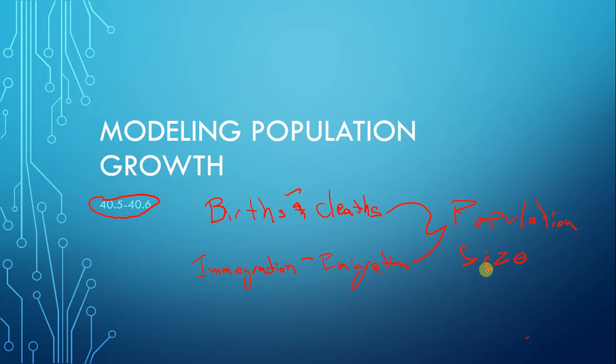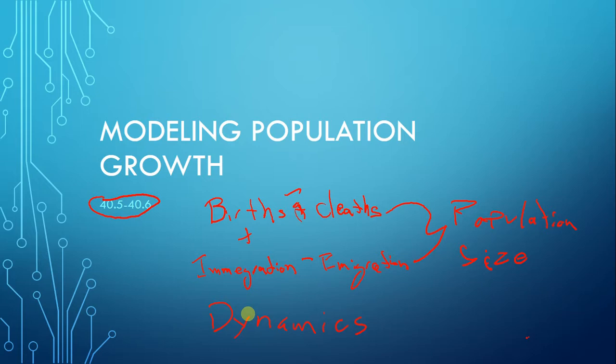If you take the number of births in a population, subtract the deaths, and add the number of immigrations minus the number of emigrations moving out, you get the population size, and that's population dynamics. That's how a population changes in its size over time. We're going to look more at the math that goes with that today.